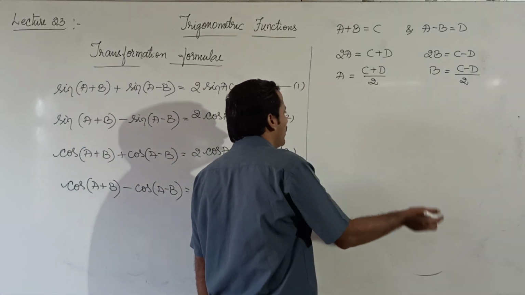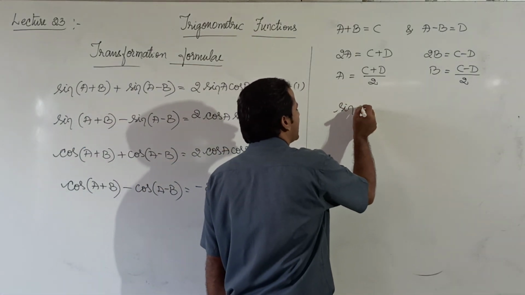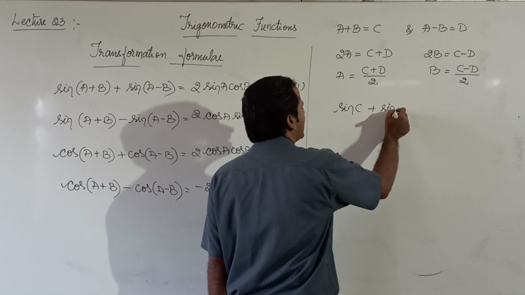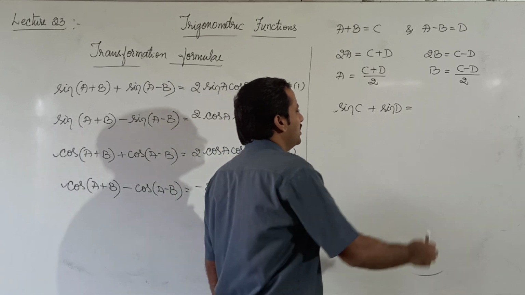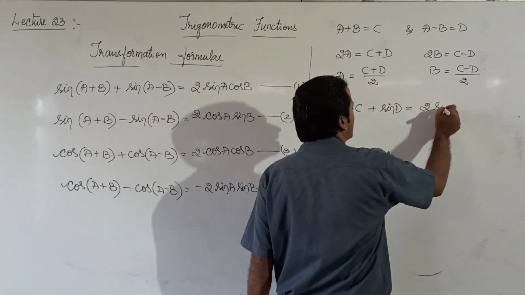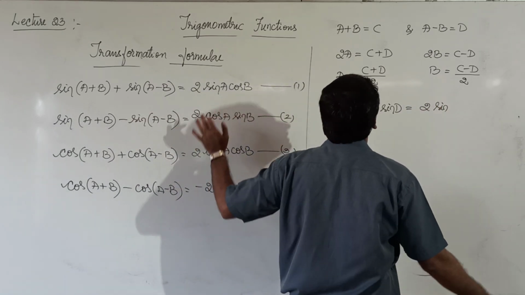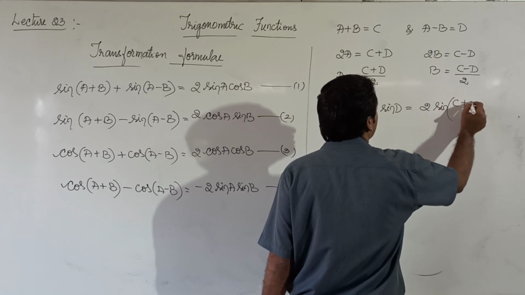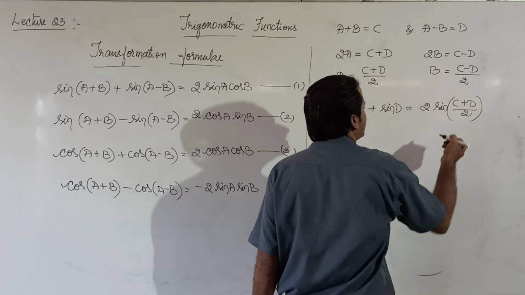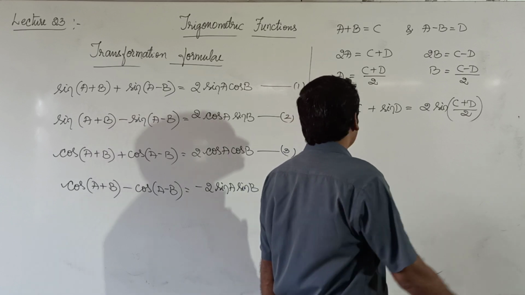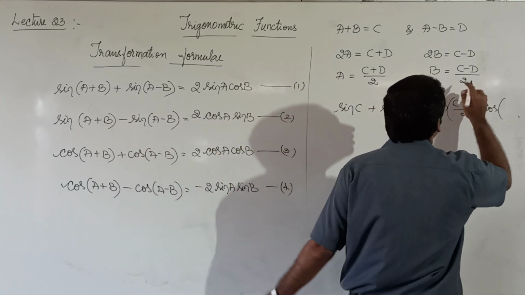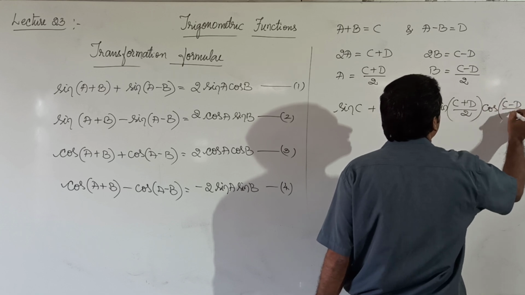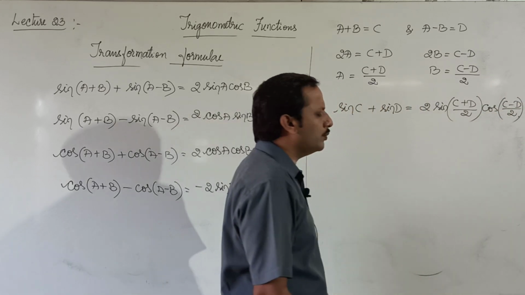Then these four formulae become sin c plus sin d is equal to 2 sin a, that a will be, in terms of c and d, (c plus d) by 2, 2 sin (c plus d) by 2 into cos b, we have b is (c minus d) by 2.